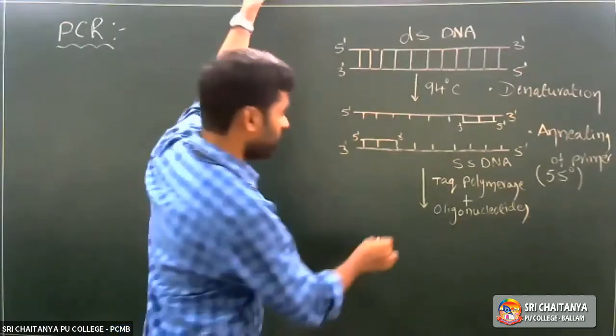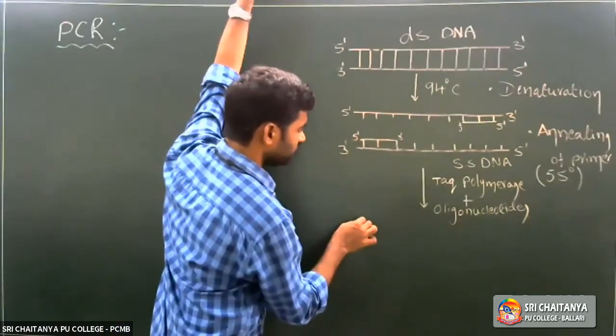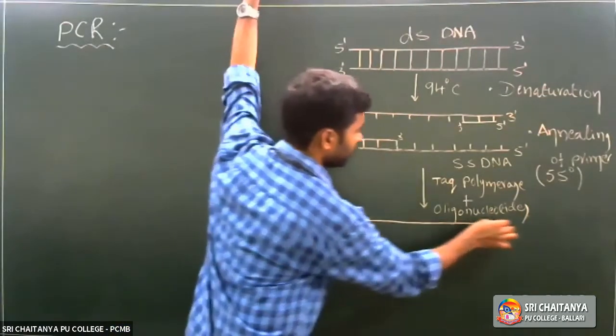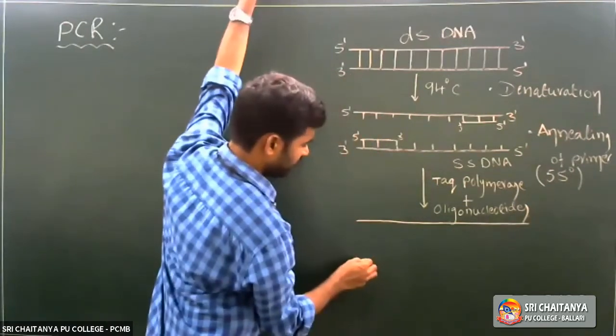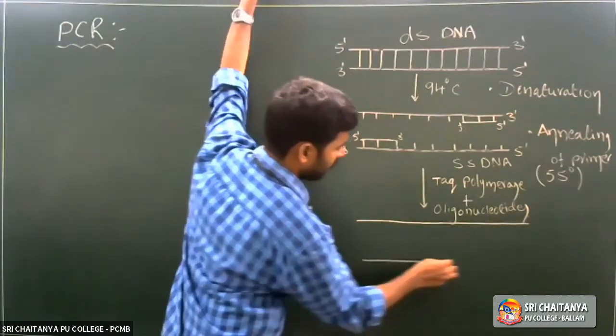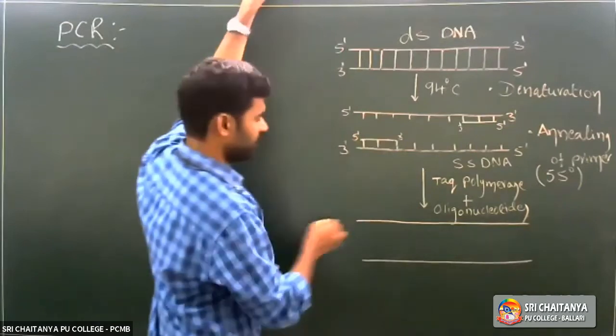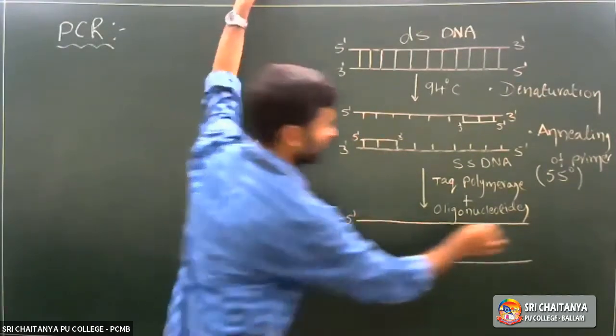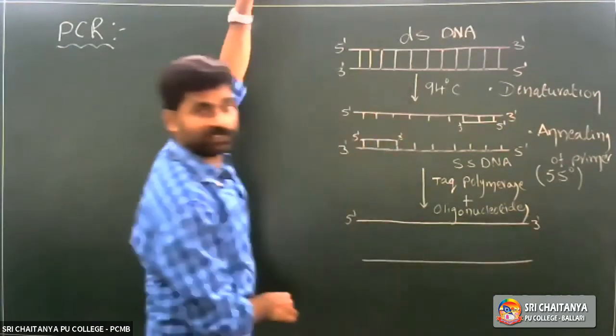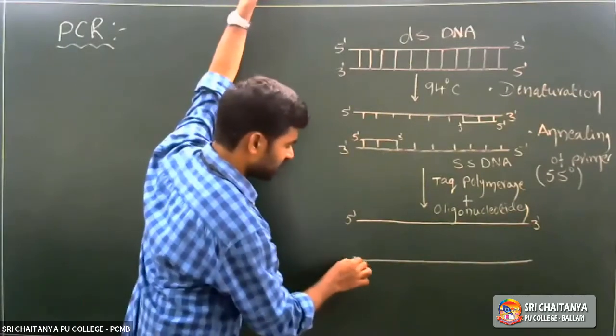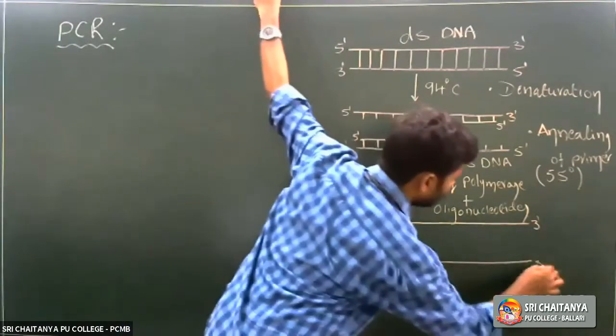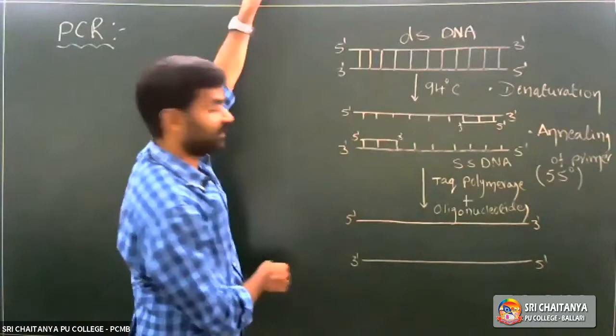In the third step, what will happen? This is one template strand, and this is another template strand, right? One template strand is arranged in 5 prime to 3 prime direction. The other template strand is arranged in 3 prime to 5 prime direction, opposite directions, right?